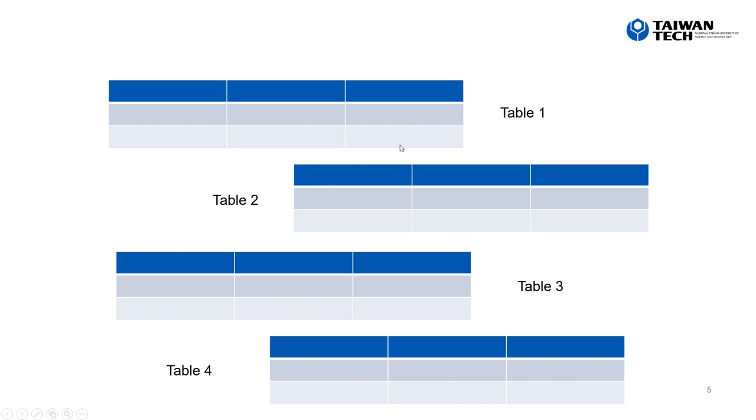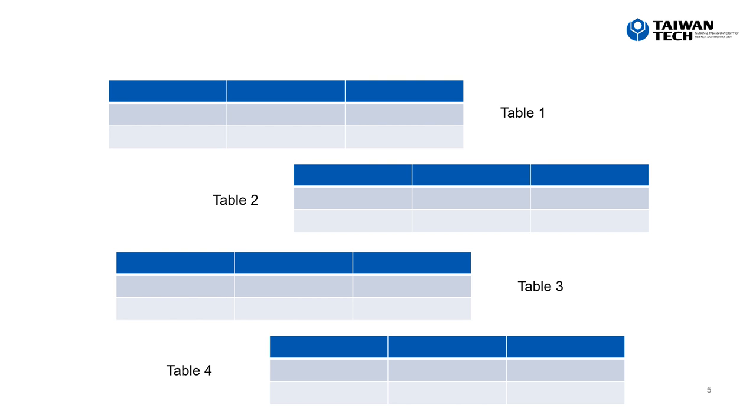What's the relationship between table 1 and table 2? Maybe we need to create a connection between them. Later we will need to create another connection between table 2 and table 3, to make sure all the tables have their own connections. So that is a relational database.